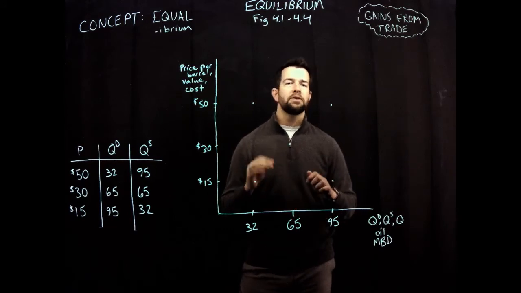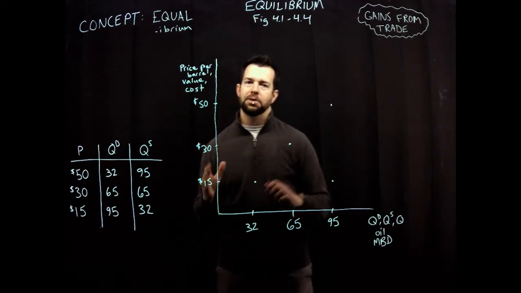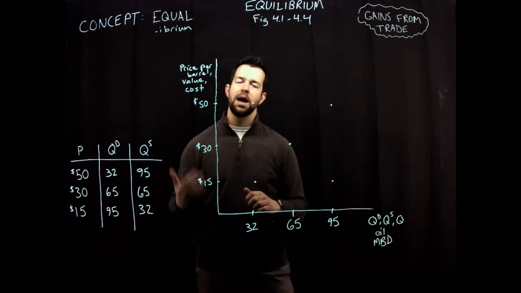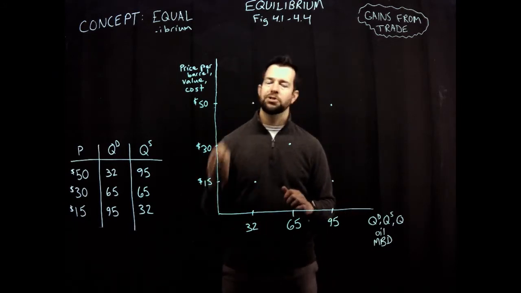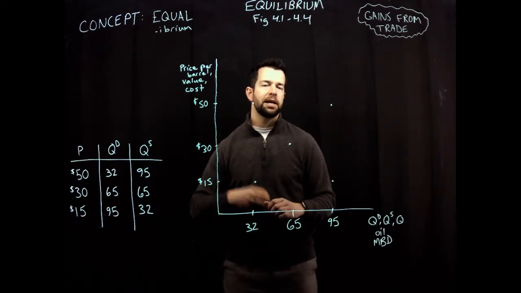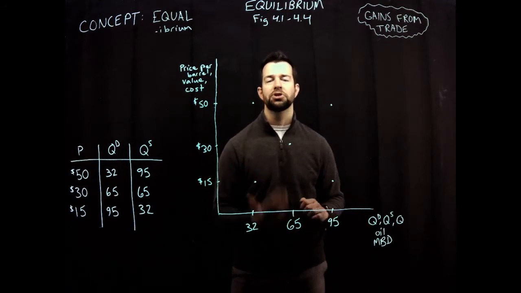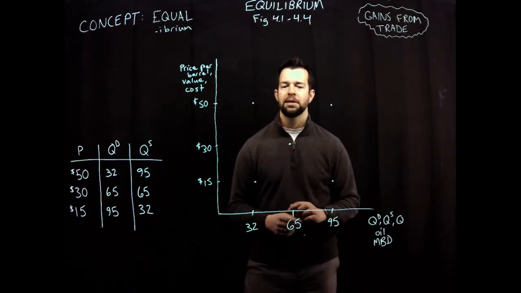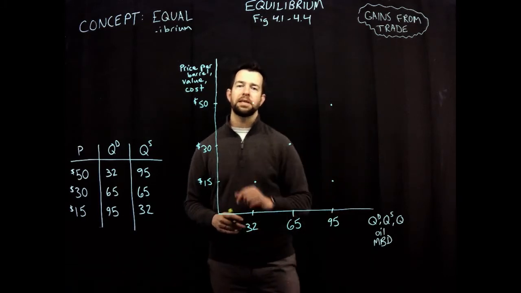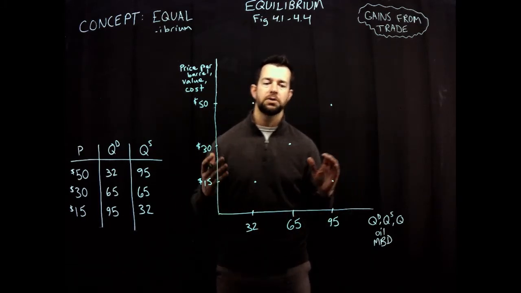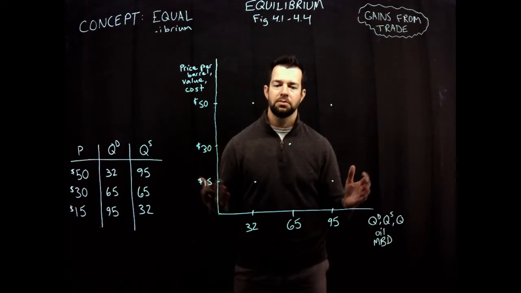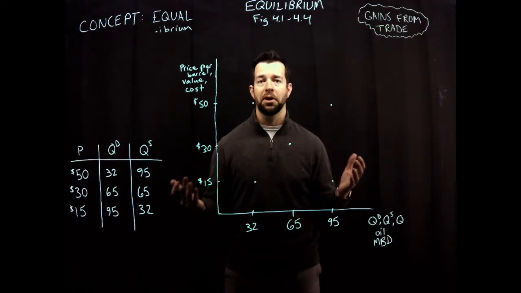So think of Goldilocks and the three bears. At equilibrium, the price is not too high, it's not too low, it is just right. And on the quantity side, the quantity is not too low, it's not too high, it is just right, okay? And so this point right here is the equilibrium that you are going to be seeking out, but you are doing this in the dark, okay?